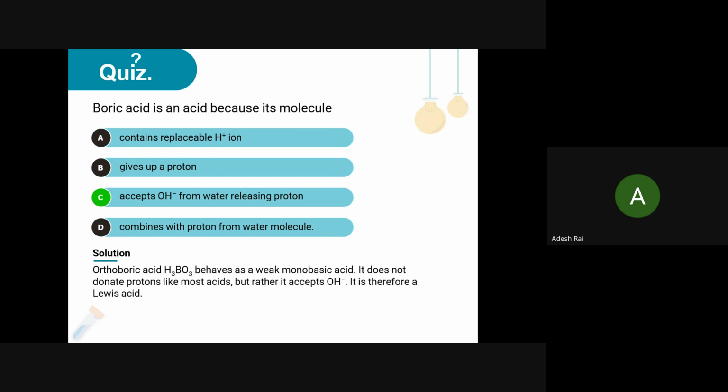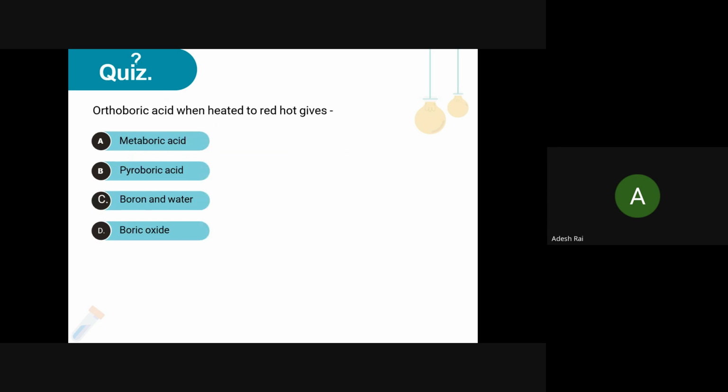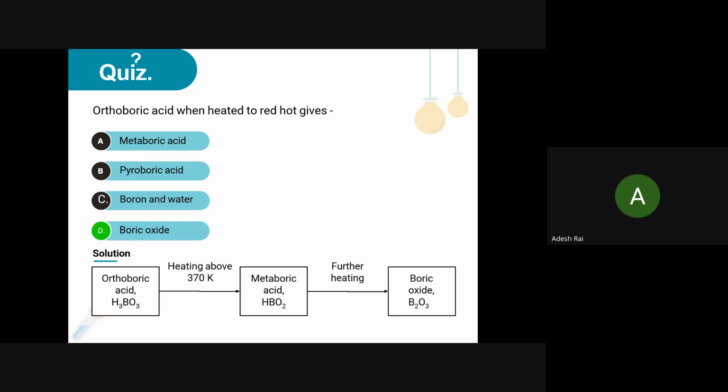Very good. Next. Orthoboric acid when heated to red hot. Red hot means at a very high temperature. In the heating effect of boric acid we studied, first it gives metaboric acid, then again it gives boric oxide. So if you heat it continuously, what will it give? Look, it is written here.